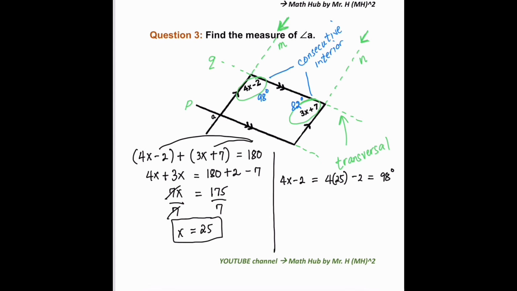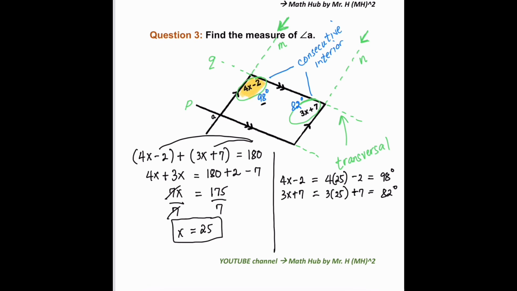Even if you check the calculation to see if it's right, 3x plus 7 will be equal to 3 times 25 plus 7, which is 82. All right, so going back to what I was explaining earlier, we have line P, which is parallel to line Q, being cut by a transversal, which is line M. So this angle is 98.